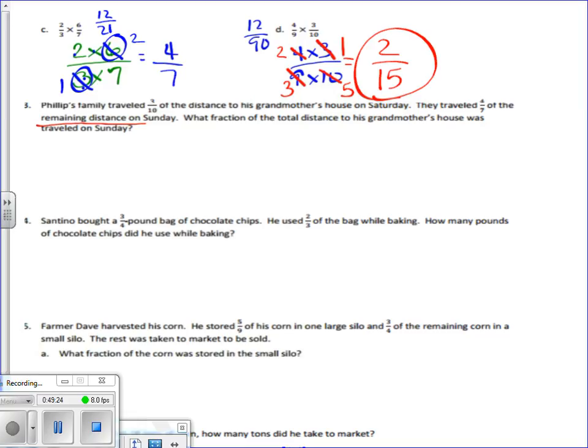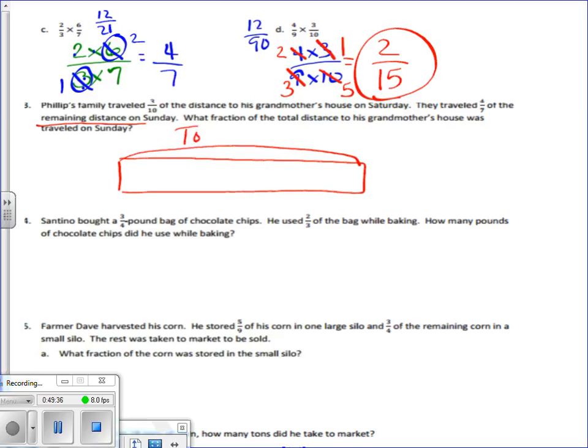I need to do what? Draw a tape diagram. So right here, we're finding the total distance. Well, we're not really finding the total distance because it's not asking. What fraction of the total distance to his grandmother's house was traveled on Sunday?